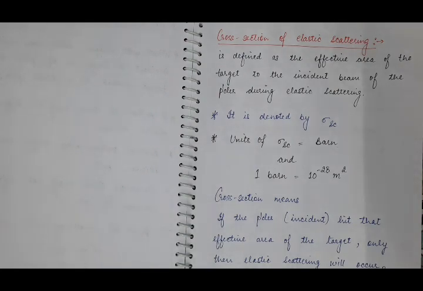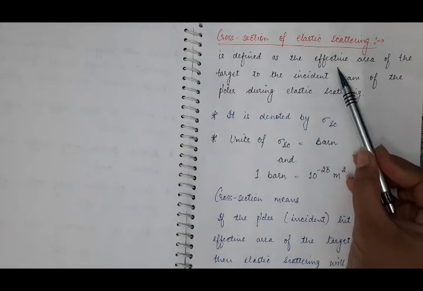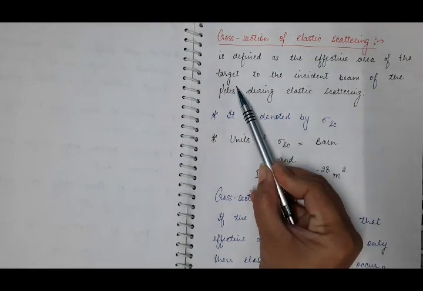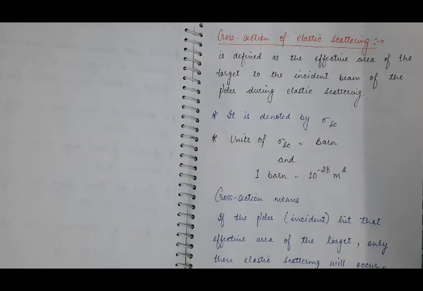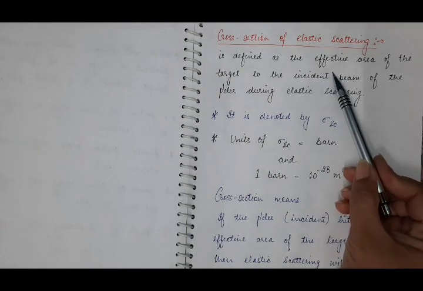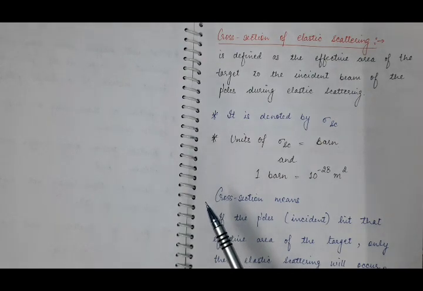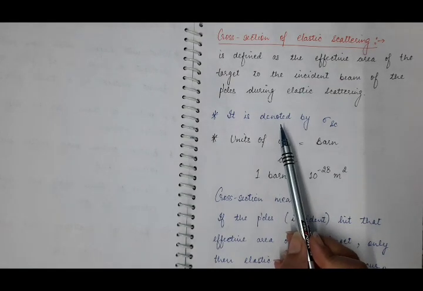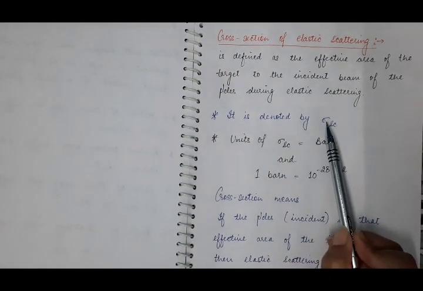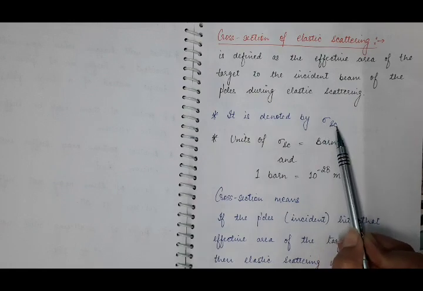So first, the definition of cross-section: it is that effective area of the target which is exposed by the target to the incident beam of particles during elastic scattering. This scattering cross-section, or cross-section of elastic scattering, is denoted by sigma, with subscript SC used for scattering.